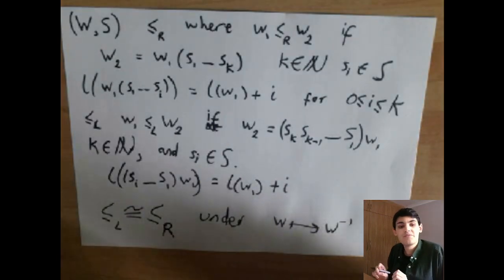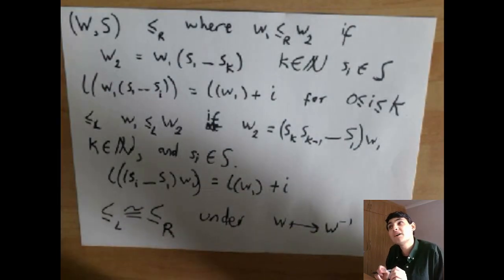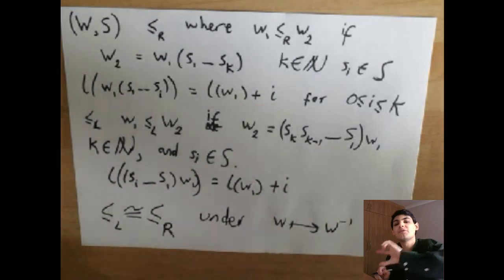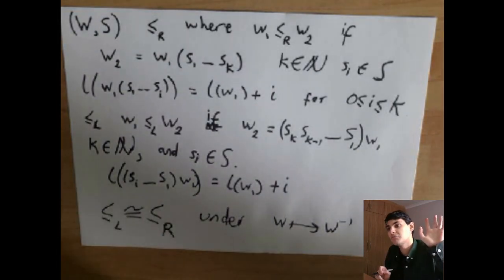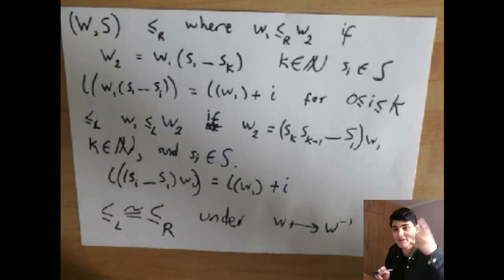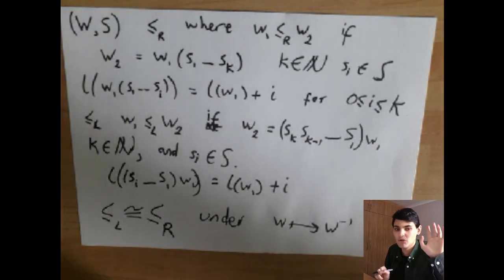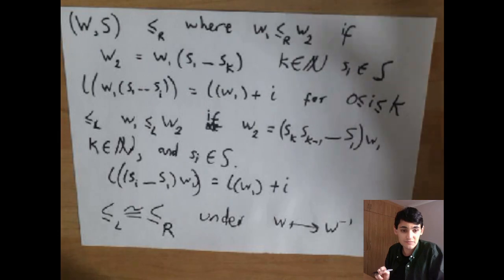So I suppose the way of thinking about it is you've got a partial ordering going one way, and if you invert everything, it flips all of the partial orderings.